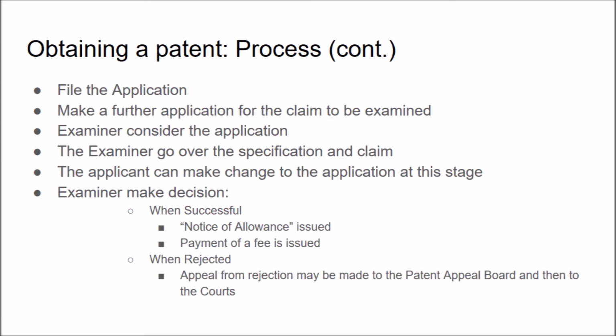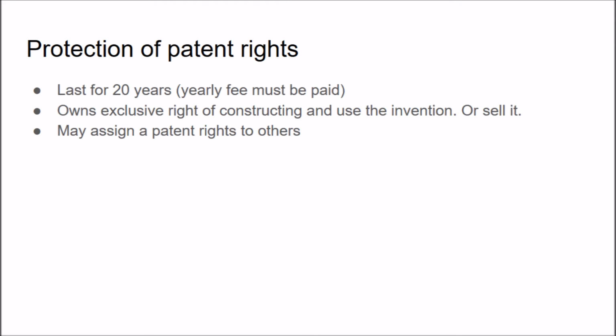When the application is approved, a notice of allowance will be issued, and payment of the fee is required. When the application is rejected, an appeal from rejection may be made to the Patent Appeal Board and then to the court.